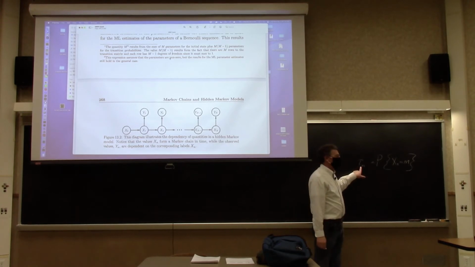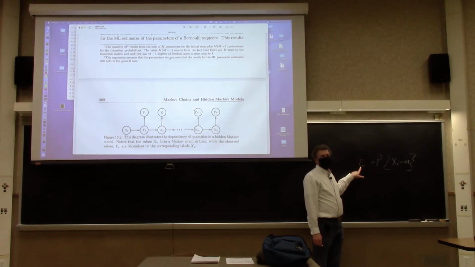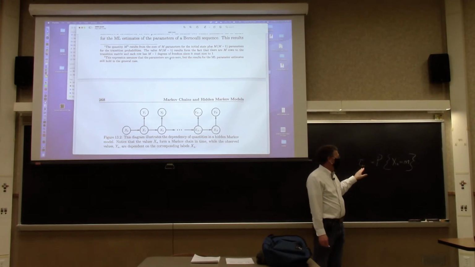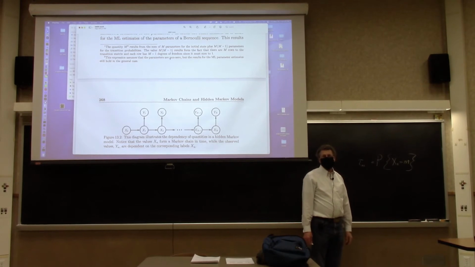Now, what do you know about those taus? Tell me the conditions. Can I pick absolutely any taus? No. What do I need to do when I pick those taus? They have to sum to 1, and what else?